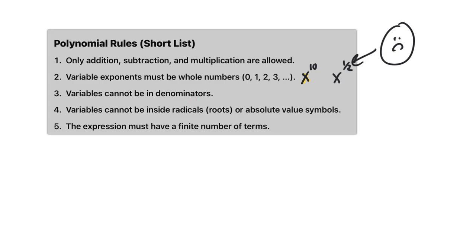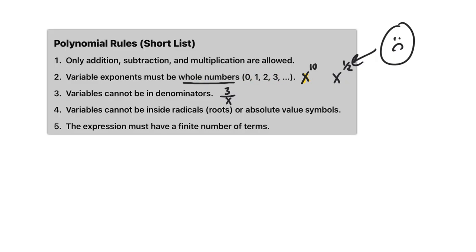Variables cannot be in denominators. So in other words, if you see a term that has a variable down below, then it's not a polynomial. By the way, whole numbers implies that the exponents hovering above the variables are zero or positive.